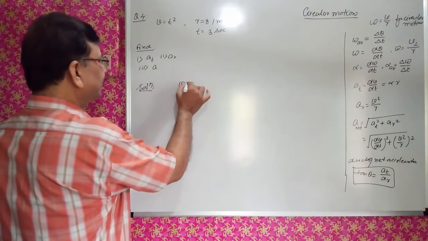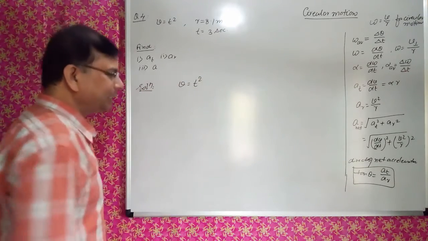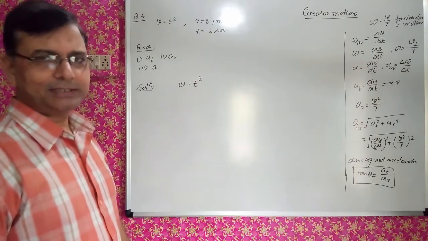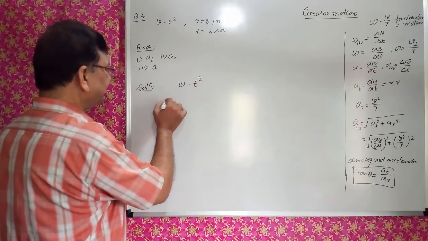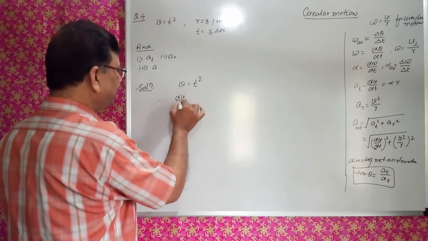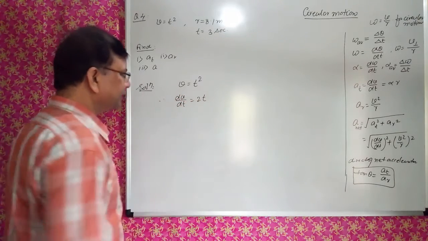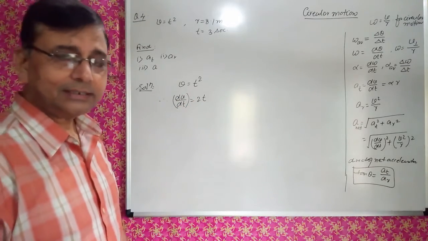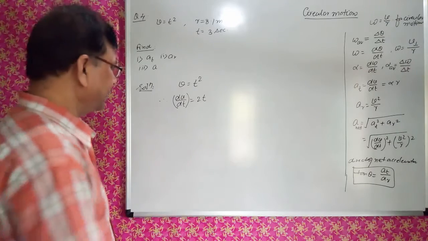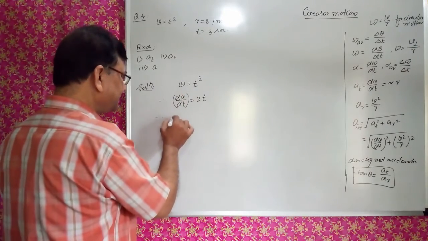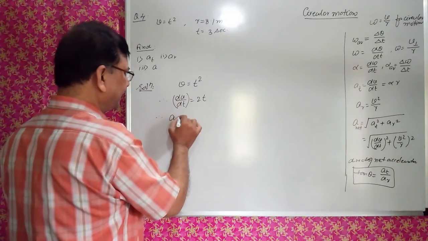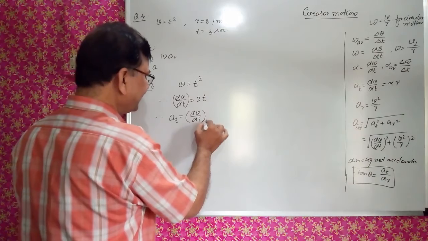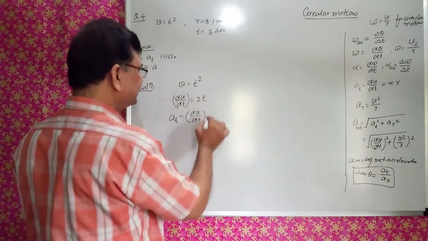So what is given? Velocity is a function of t and the relation is given. Now we will differentiate this velocity with respect to t. We will get dv upon dt, that is 2t, and dv upon dt is what? This is the tangential acceleration at. So at is equal to dv upon dt at time t is equal to 3 seconds.